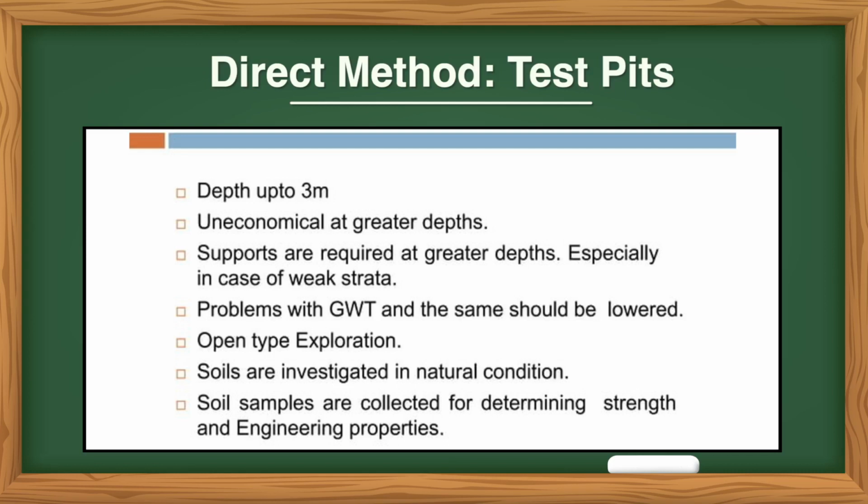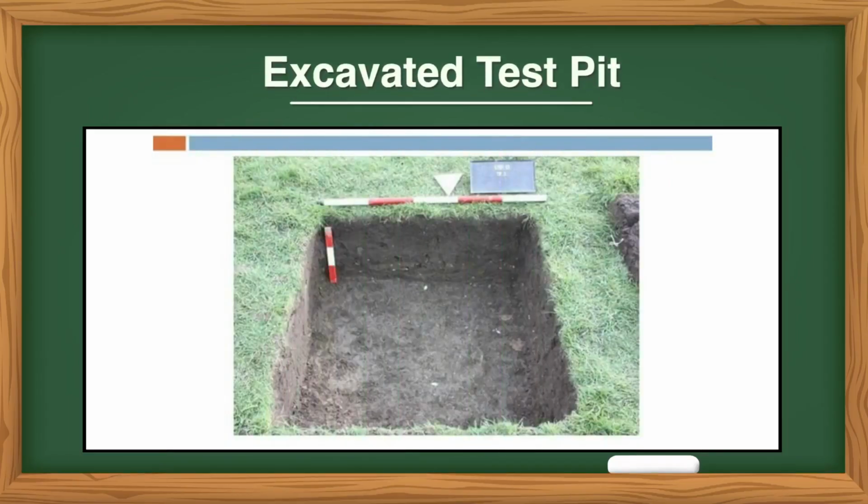It is an open type exploration; soil is investigated in natural condition, and soil samples are collected for determining strength and engineering properties. You can see on this figure the excavated test pits. They look like a square shape.